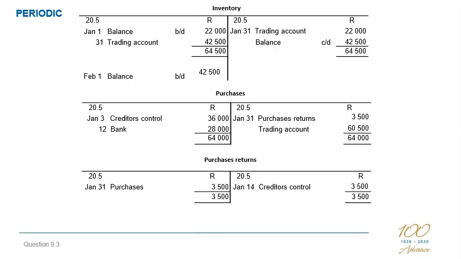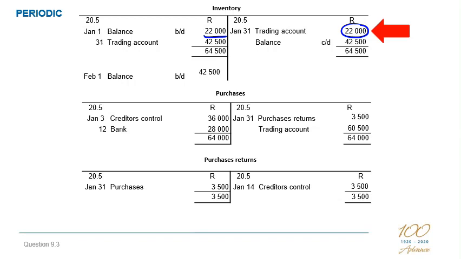I then transferred the opening inventory to the trading account. So can you see we started off with 22. We transferred the opening inventory to the trading account. So at this point we have 0 in inventory because I have the debit and the credit side equal.